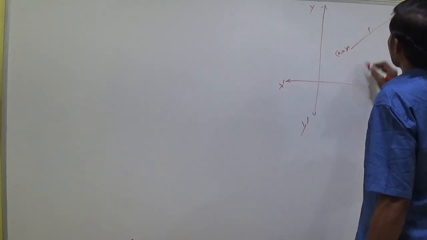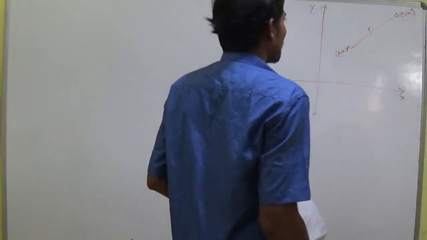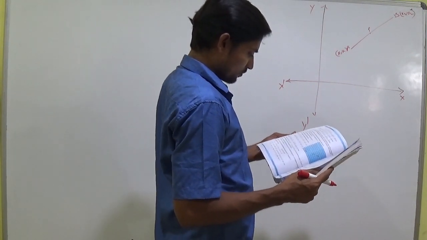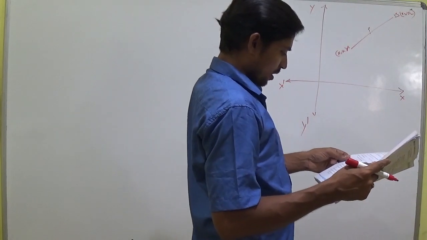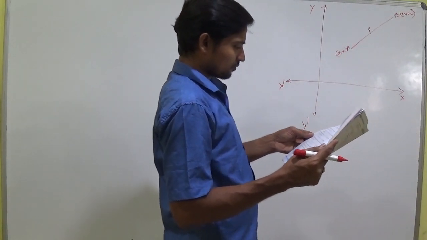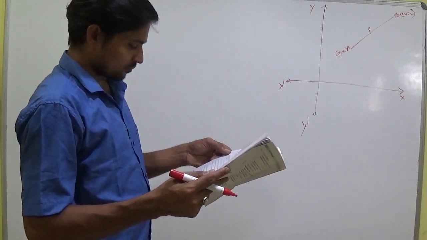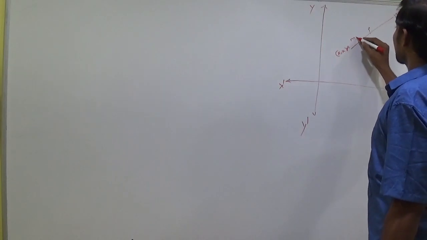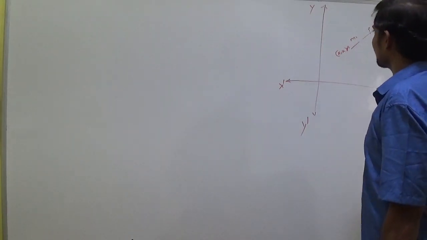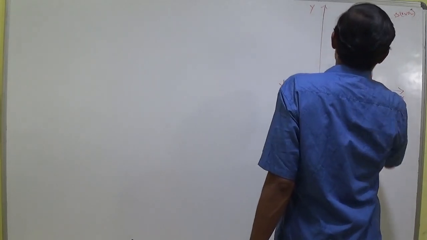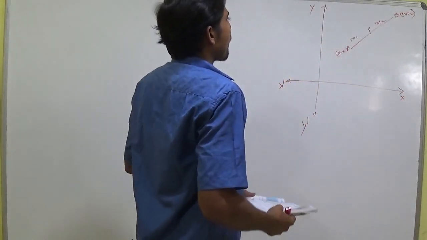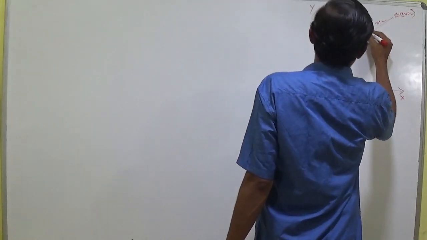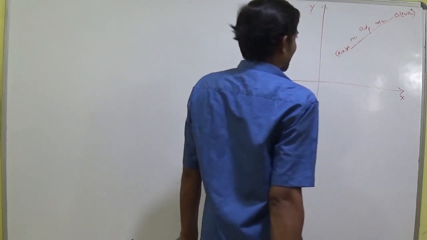Suppose P is a point that divides the two points in the ratio m1 is to m2. This is m1, this is m2. The coordinates of P are x, y.